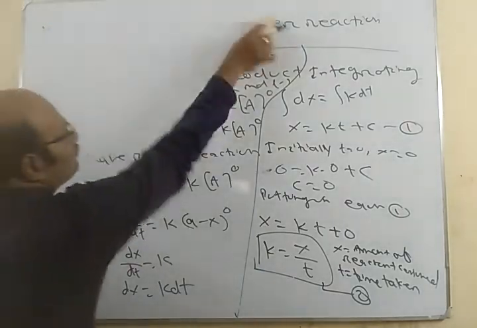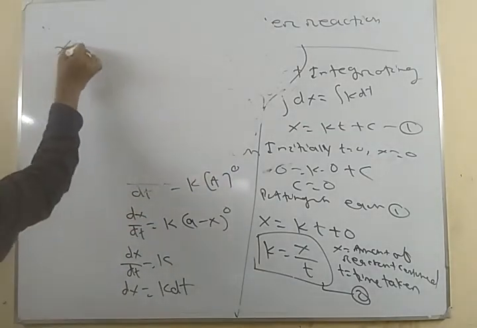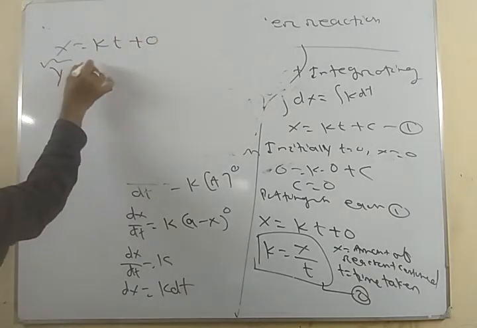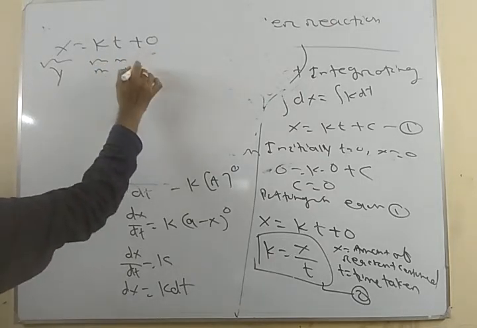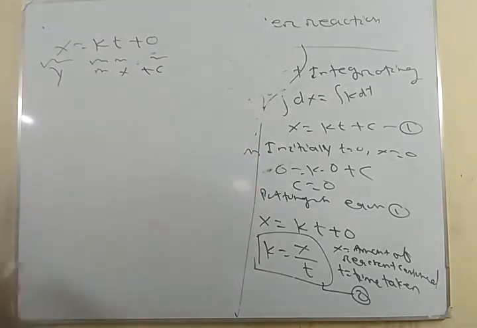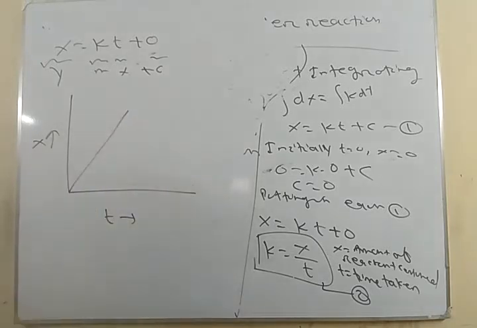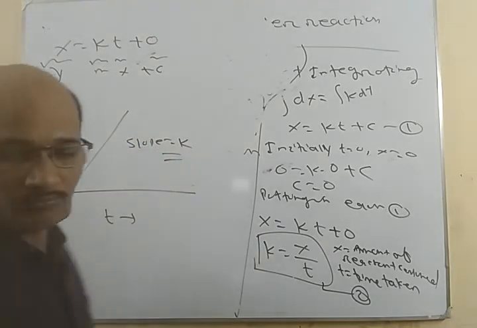Here x equal to kt plus 0, so I can say y equal to mx plus c. If I plot a graph of x versus t, the slope equal to k.